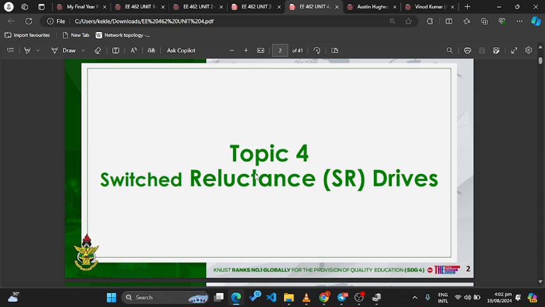In special machines, we have reluctance motors that use just the reluctance principle, that flux will always use the path of least reluctance. Just like current will always choose the path with the least resistance, flux will always choose the path with the least reluctance. So that's the principle of reluctance motors.